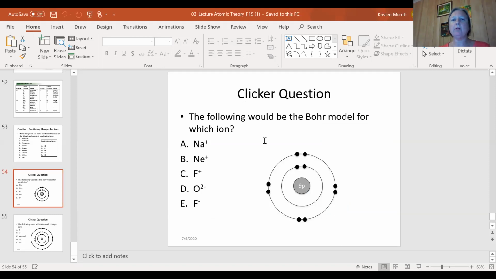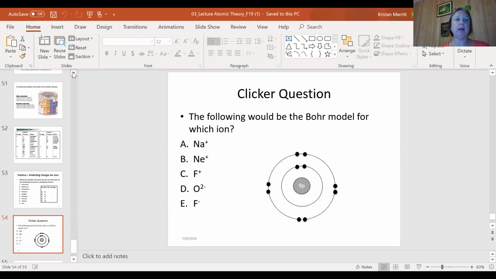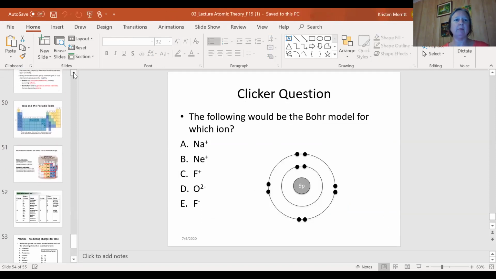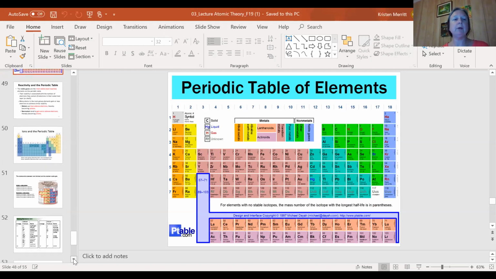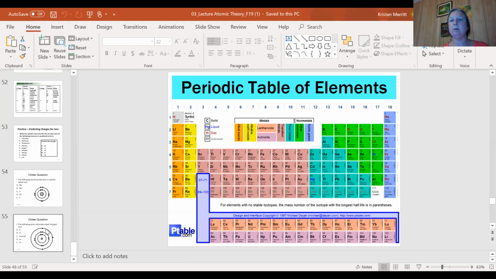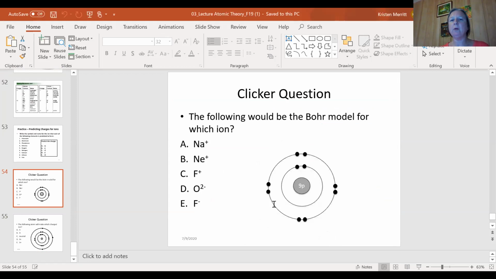So in this case, this says it's an ion. Language is very important here. So you know that the number of electrons and the number of protons are not going to be the same. Now, the fact that there are 9 protons, right there you can go to the periodic table and say, all right, which one has 9 protons? And it's fluorine. But let's double check, because what does fluorine travel as? It travels as a -1 when it has its full shell.